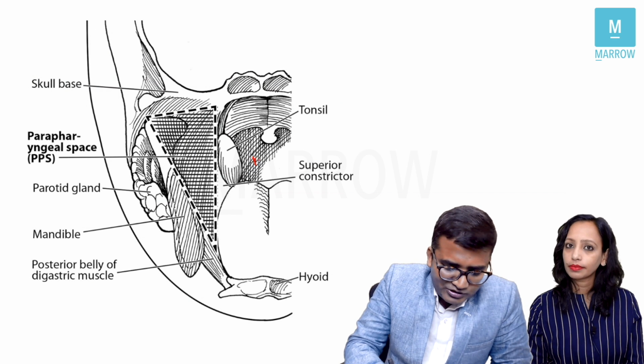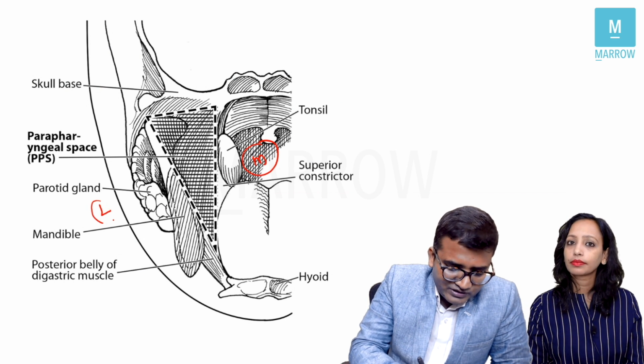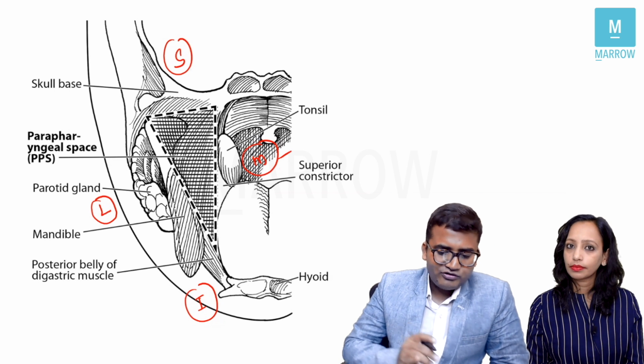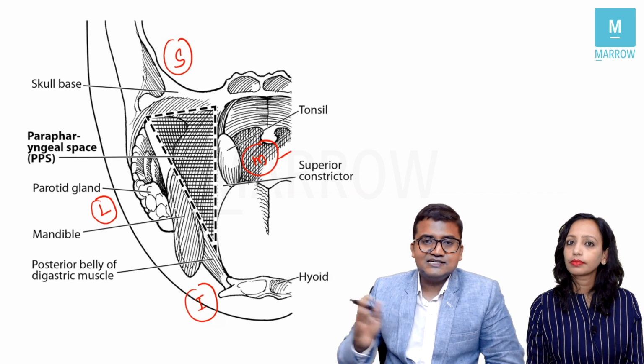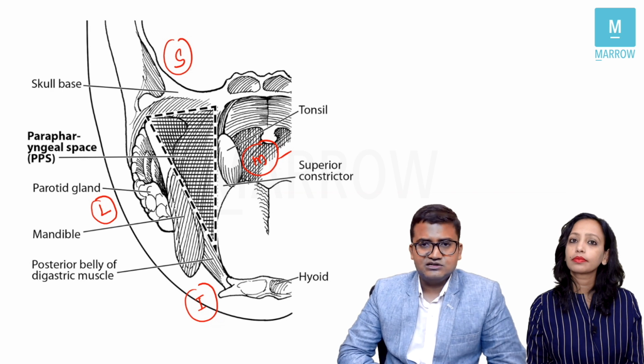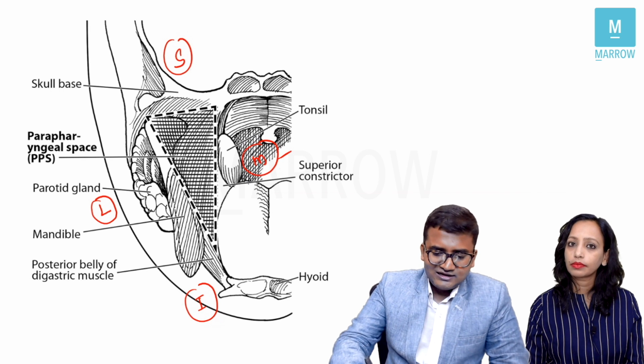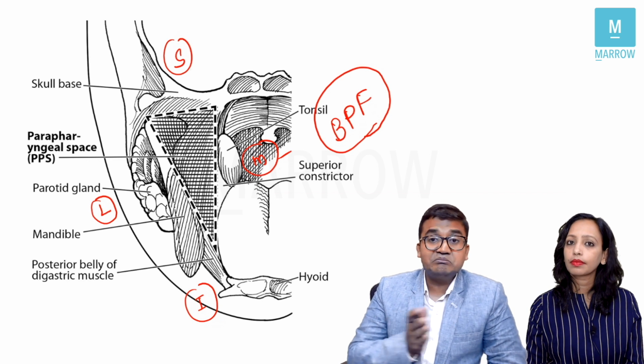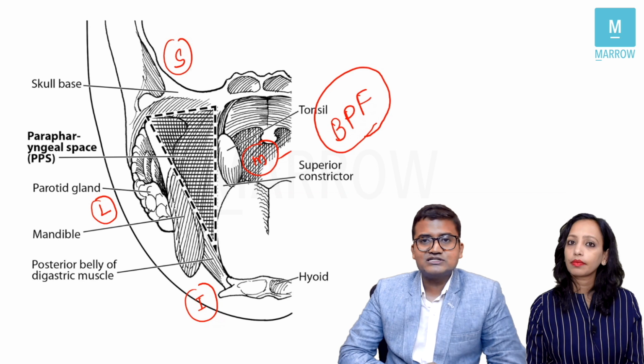This is the medial boundary and this is the lateral boundary. And this is superior and this is inferior. So what is the medial boundary for the parapharyngeal space? That is the lateral border of the pharynx. Now, what's on the lateral side of the pharynx? On the lateral side of the pharynx, we have the buccopharyngeal fascia. So, the buccopharyngeal fascia will form the medial boundary for the parapharyngeal space.